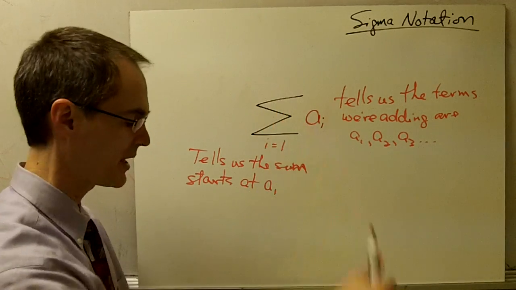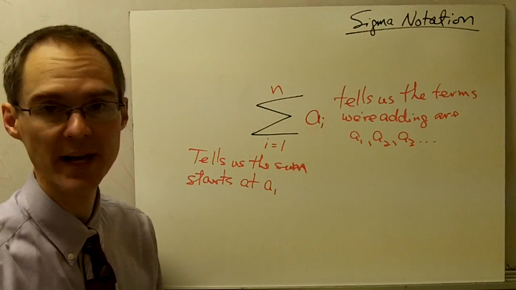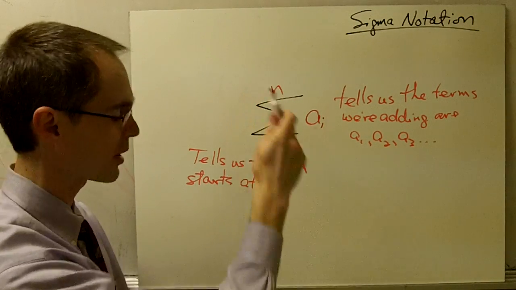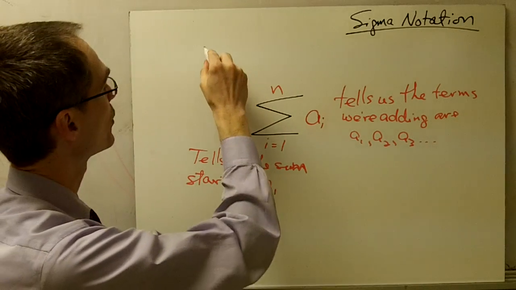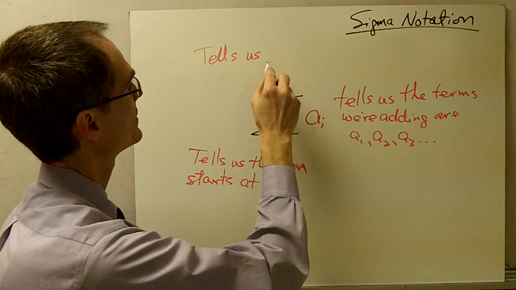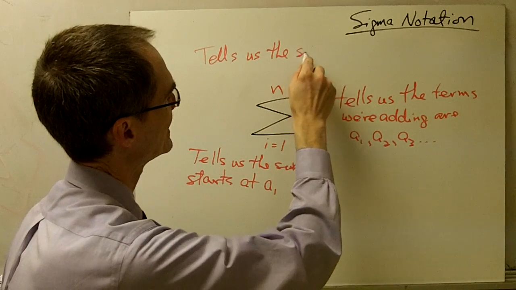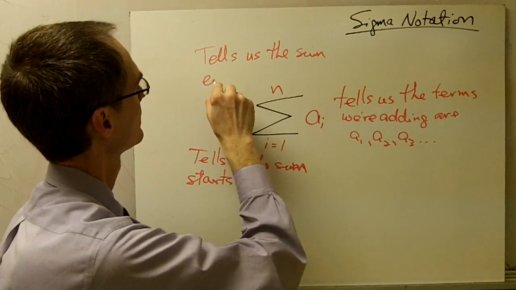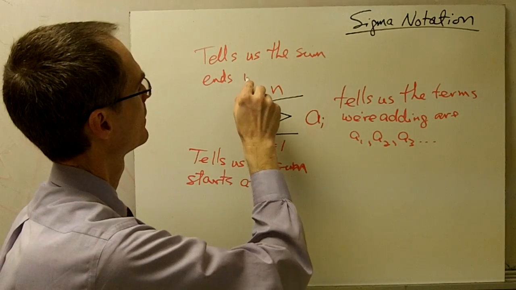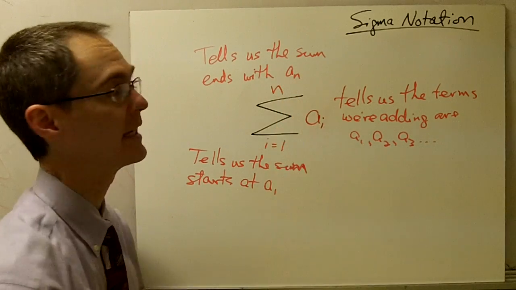There's a number also up here at the top, and we'll just call it n for now, but that's going to be some number. This number up here at the top tells us where the sum ends. All right, so in particular, this number tells us the sum ends with a sub n. All right.